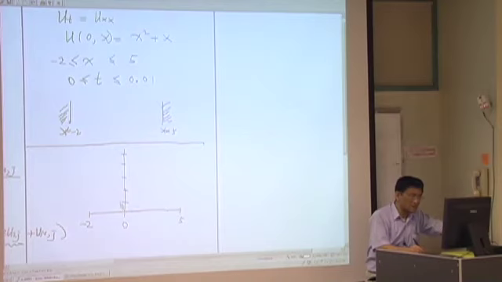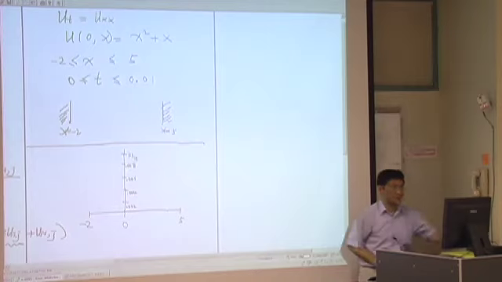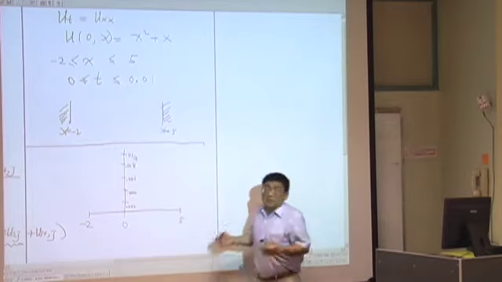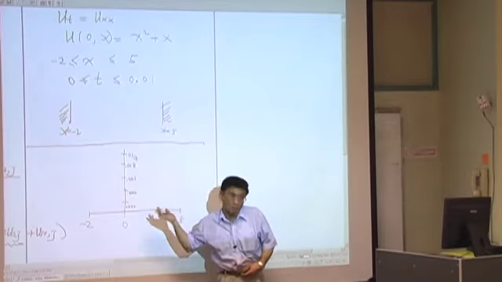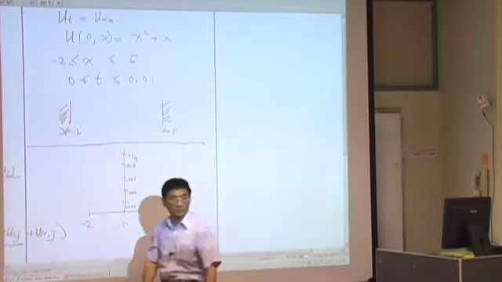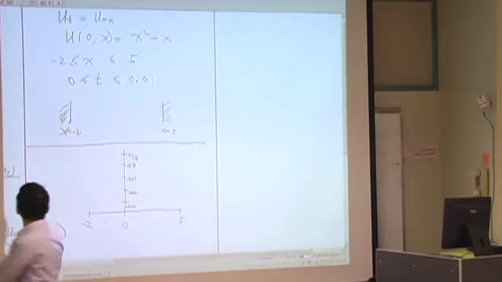So 0.002, 0.004, 0.006, 0.008, 0.01. So it is my design, right? You may design differently.